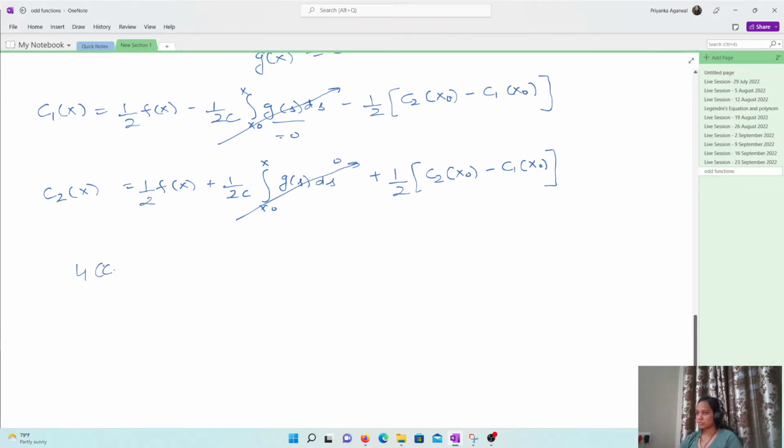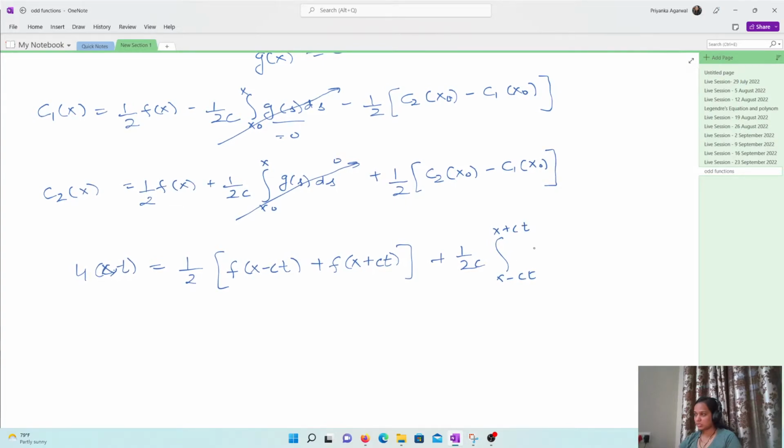So u of x comma t can be written as 1 by 2 f of x minus ct plus f of x plus ct, and the term containing this 1 by 2c, integral from x minus ct to x plus ct of g of s ds is 0.